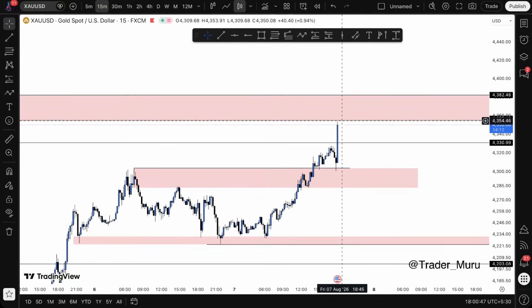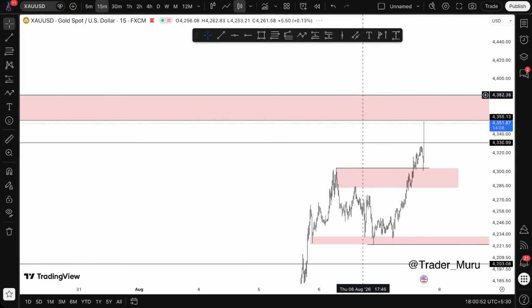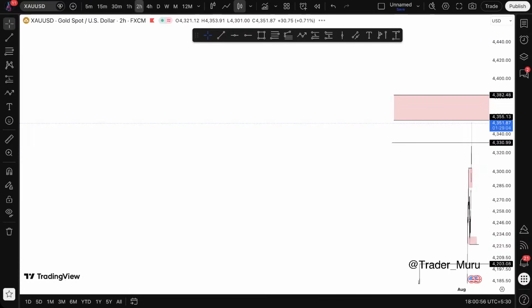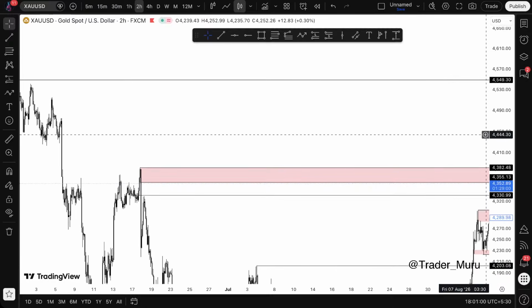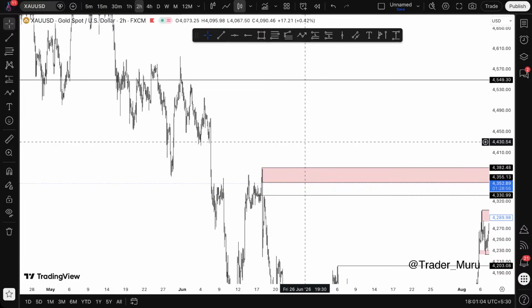Let it test 55. And if you want to enter directly from here, at least have your stop loss above... stop loss is so much big here.